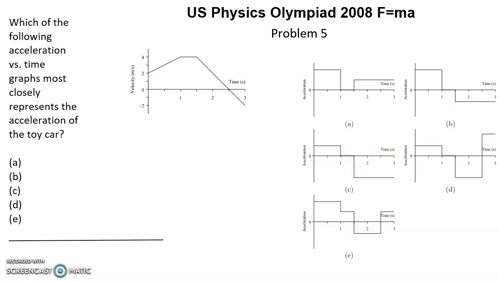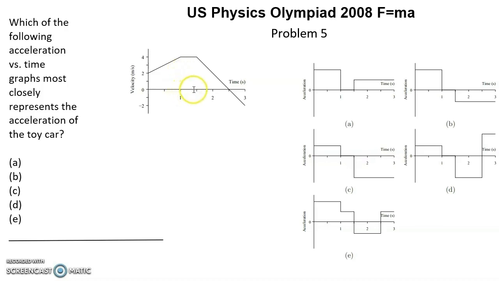Problem 5. Which of the following acceleration versus time graphs most closely represents the acceleration of the toy car. Let's check this graph, velocity versus time. Acceleration is a slope, so it means that from 0 to 1 seconds we have positive acceleration 2.